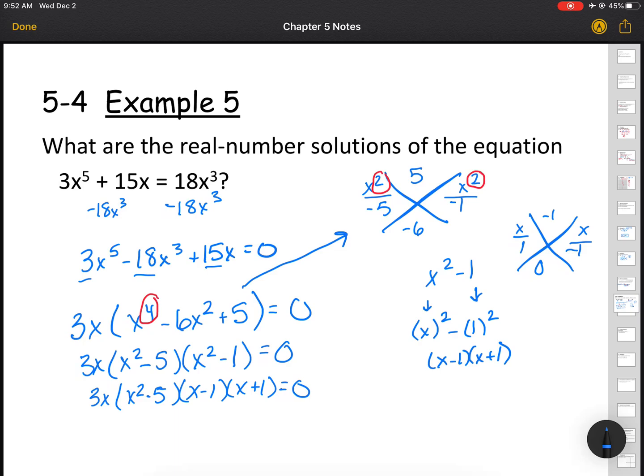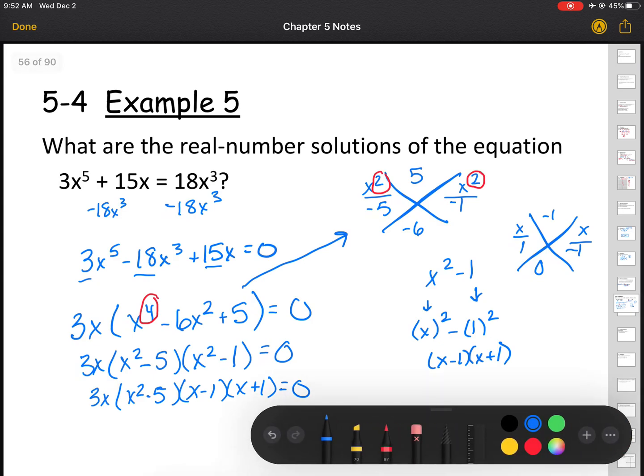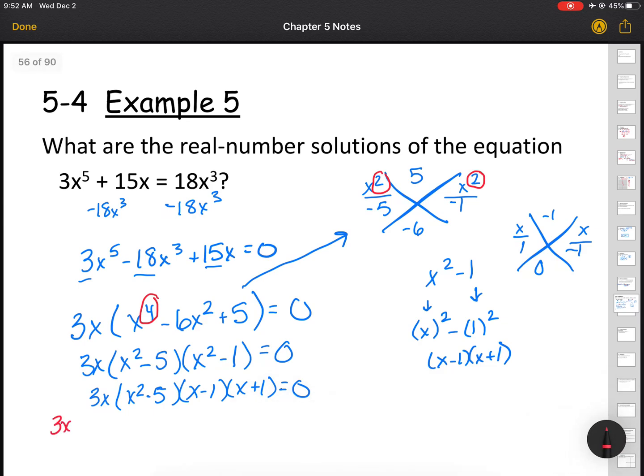So now we got to find the real number solutions, or the zeros, or the roots out of this. Okay, so what I'm going to do is break each one apart and set it equal to 0. So 3x equals 0, x squared minus 5 equals 0, x minus 1 equals 0, and x plus 1 equals 0.